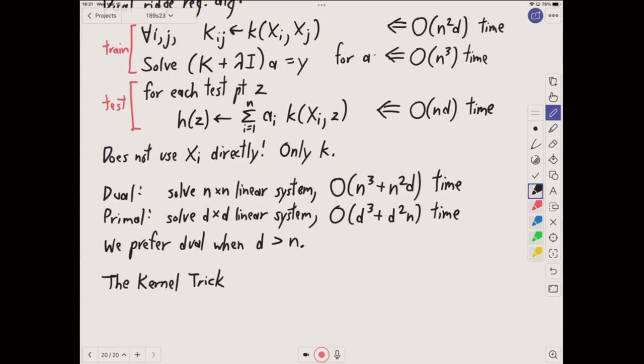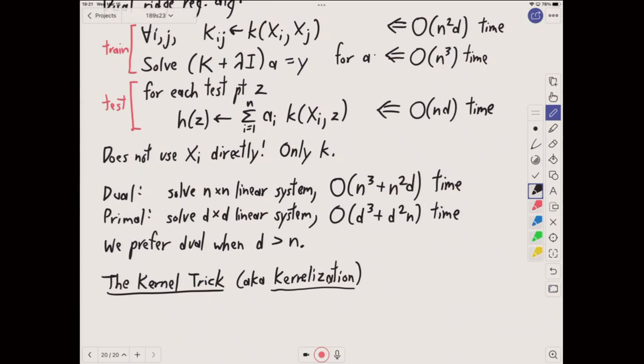All right, so now I want to get to the magic part. Sometimes this is called the kernel trick. Sometimes this is called kernelization. You see various words out there.